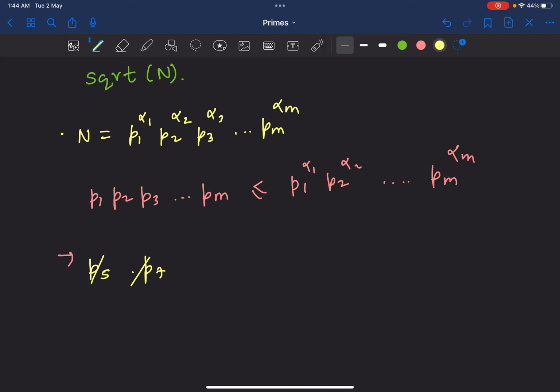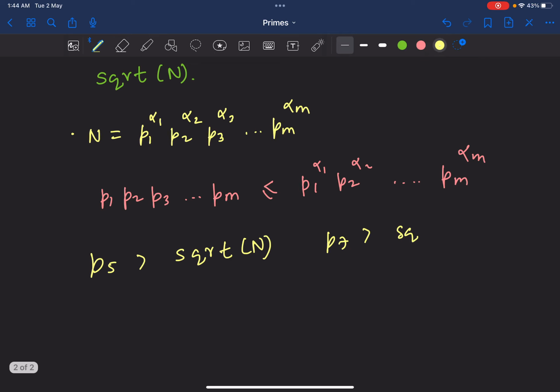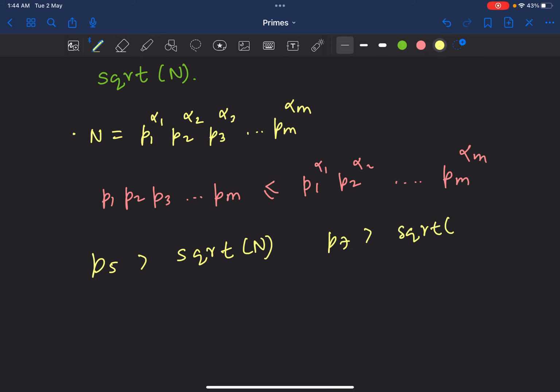So I'm saying that p5 is greater than or equal to square root of n, and p7 is also greater than or equal to square root of n.